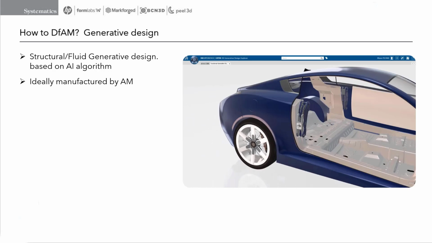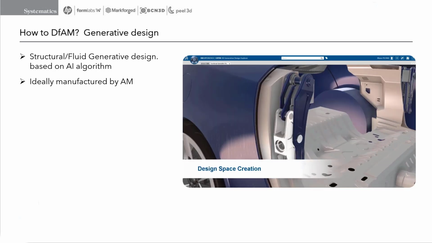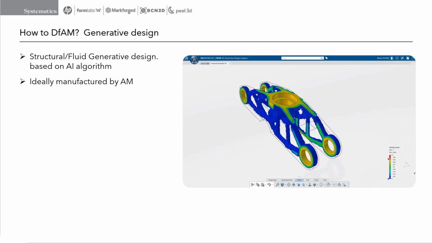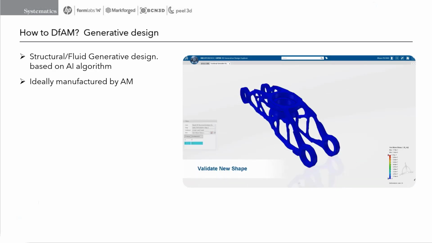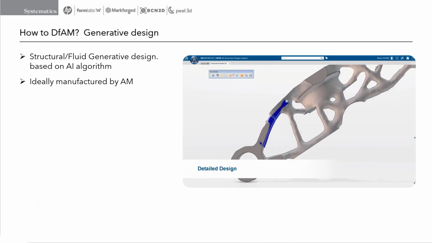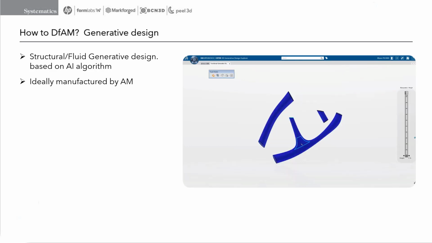This approach can lead to parts with complex geometries that are difficult to produce using traditional manufacturing techniques. These parts can be manufactured using AM with minimal supports and can be lighter and stronger than parts produced using conventional manufacturing.